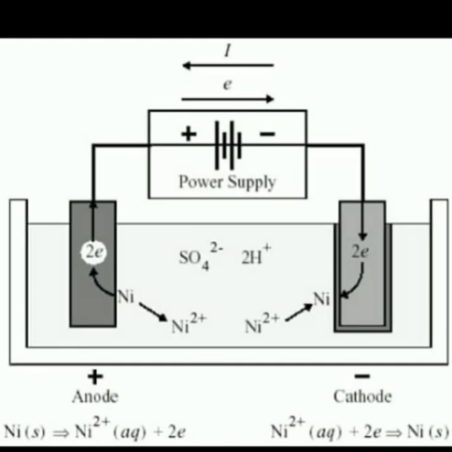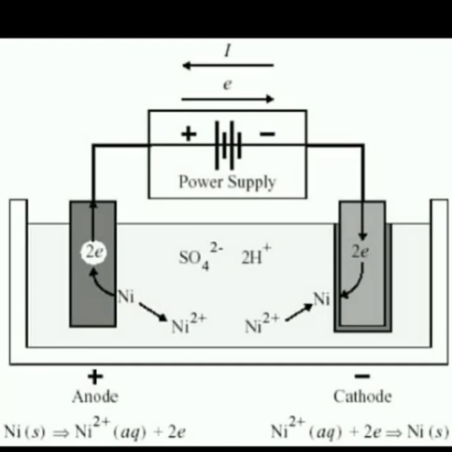So when electricity is passed through, what happens? The electrolyte nickel sulfate dissociates into Ni2+ and SO4 2-, and since it is an aqueous solution, water also dissociates and forms H+ and OH-. So what is the reaction at the cathode?